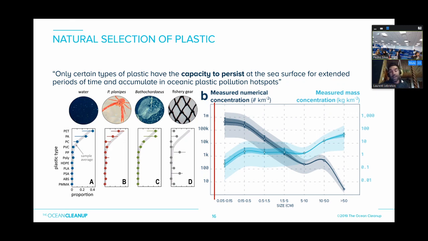So you have to be careful in the conclusions you make, and make sure that the studies are comparable and you're talking about the same type of plastic. There is no one plastic, right? There are different types of polymers and they have different fates. And also when you try to be quantitative, it's really important to make sure that you're talking about the same size class and the same sampling device, because otherwise it's just not comparable.